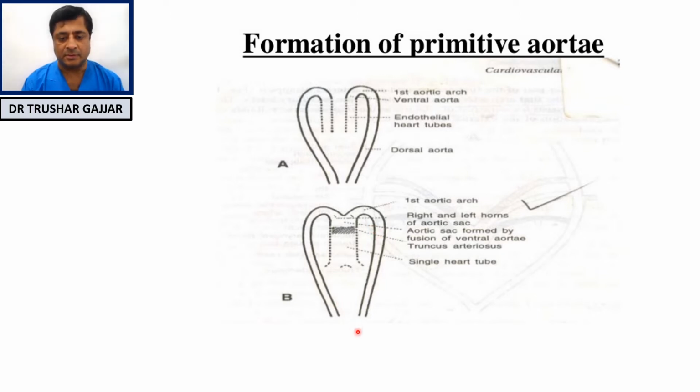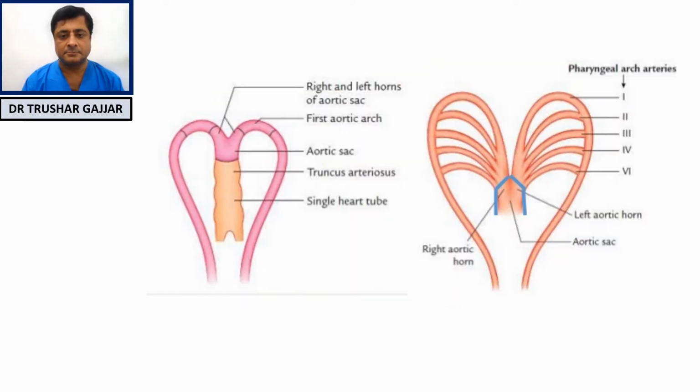These two ventral aortae go behind and fuse to form a dorsal aorta. So we have a heart tube, aortic sac, and the ventral aorta and the dorsal aorta. This ventral aorta or the aortic sac will have 6 pairs of pharyngeal arches on either side.